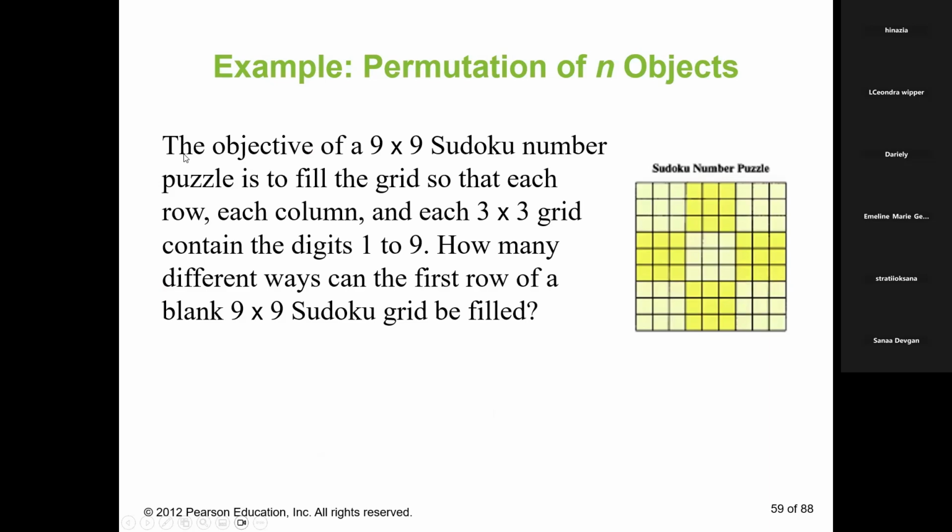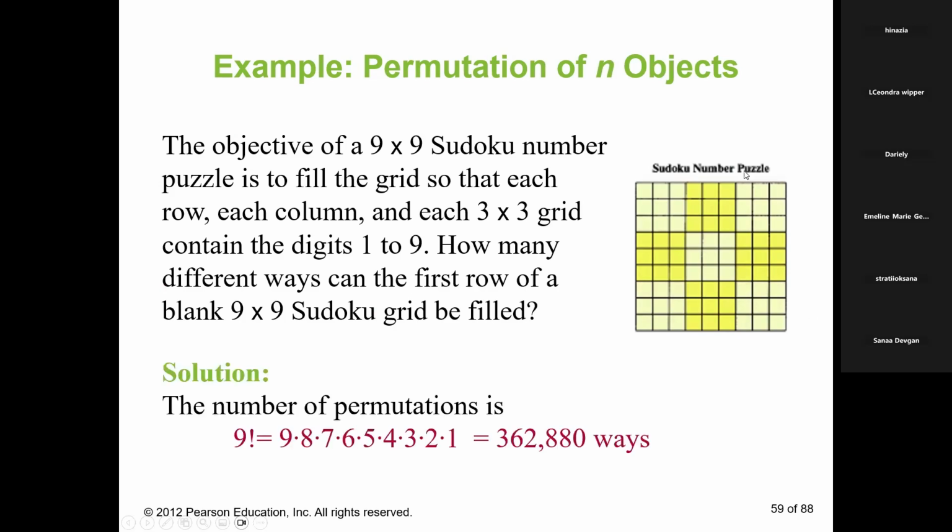So the objective of a 9 times 9 Sudoku number puzzle is to fill the grid so that each row, each column, and each 3 times 3 grid contains the digits 1 to 9. How many different ways can the first row of a 9 times 9 Sudoku grid be filled? This is just 9 factorial.